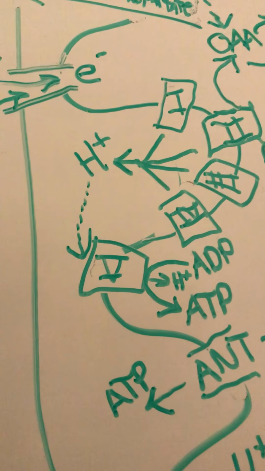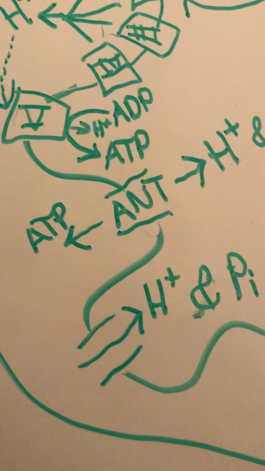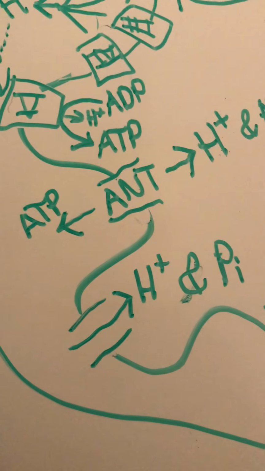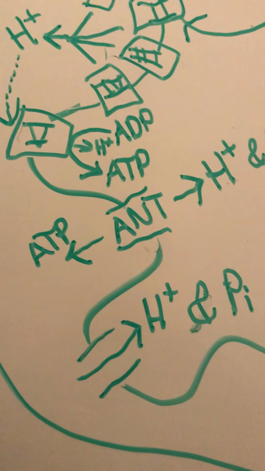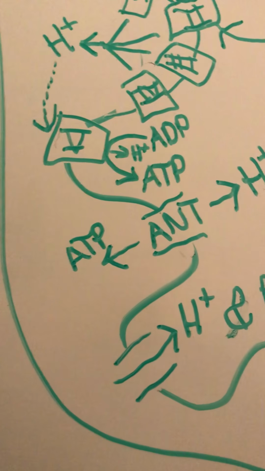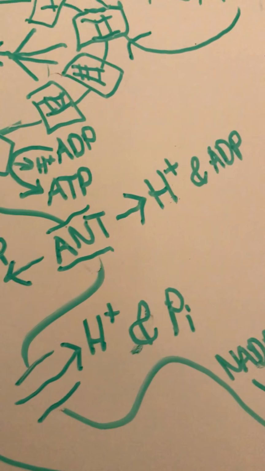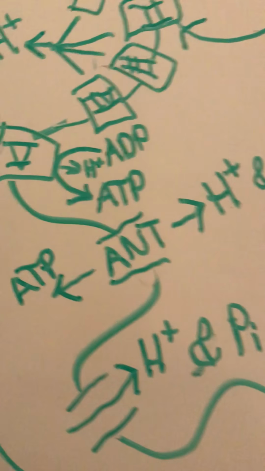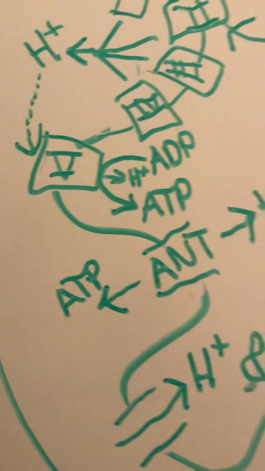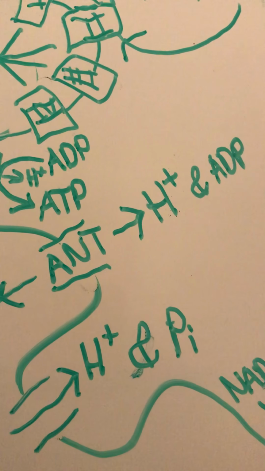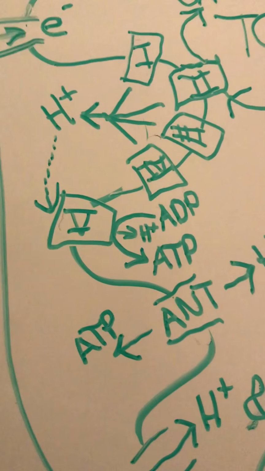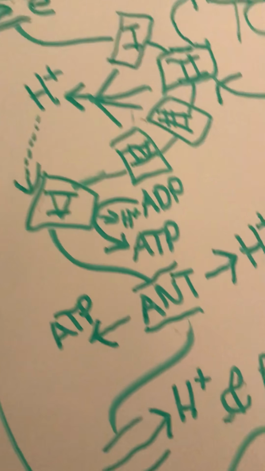To prevent this, there are many different mechanisms, one of which is the ANT on the inner membrane of the mitochondria, in which ATP gets pumped out into the inner membrane space, ADP gets pumped into the matrix as substrate for the ATP synthase, and hydrogen ions get pumped back into the matrix, helping to maintain the membrane potential.